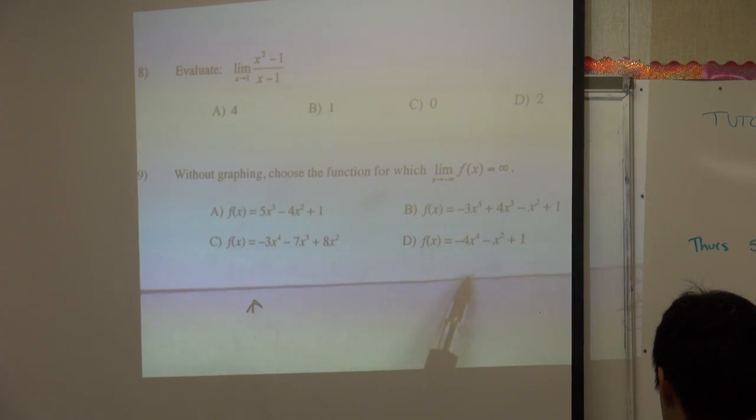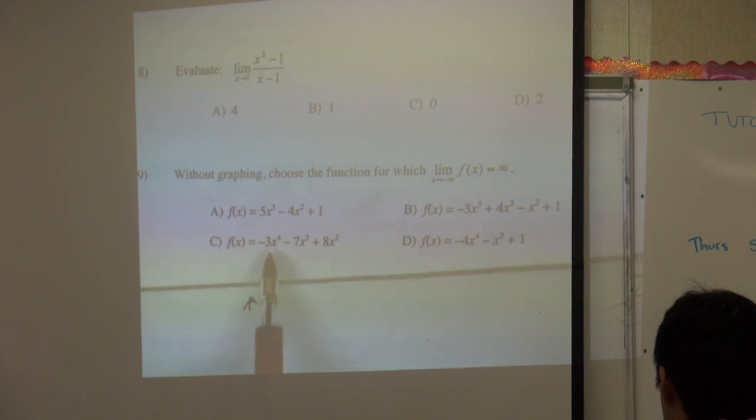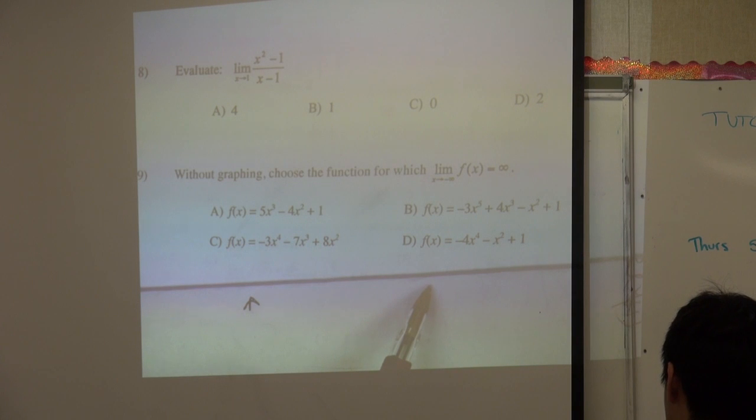Both of these are the same, aren't they? They're even degrees and negative leading coefficients. Can they both be the right answer? That means they're both not the right answer. The correct answer is B.